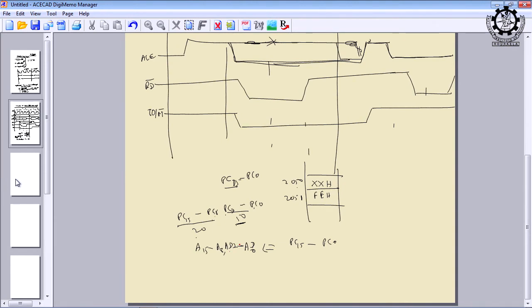Is it okay? So, that means this A0 to A15 must be loaded with PC0 to PC15.